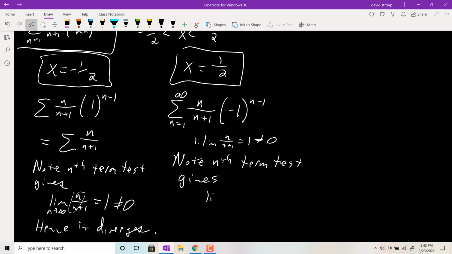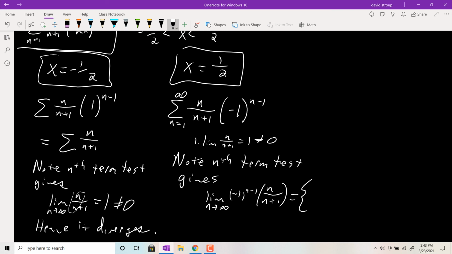And that gives us a limit of -1 to the n minus 1 times n all over n plus 1. This is the one where it goes to two different places, depending on whether it's even or odd, right?